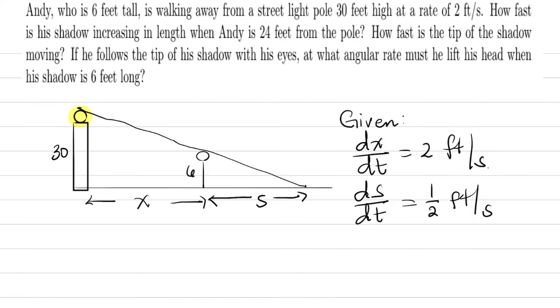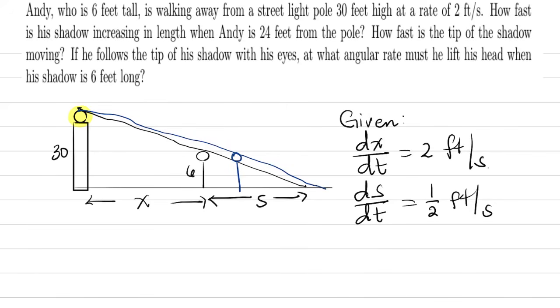So as Andy walks in this direction, we want to know how fast is the tip of his shadow moving. Okay. So how do we illustrate that? So what is our goal?